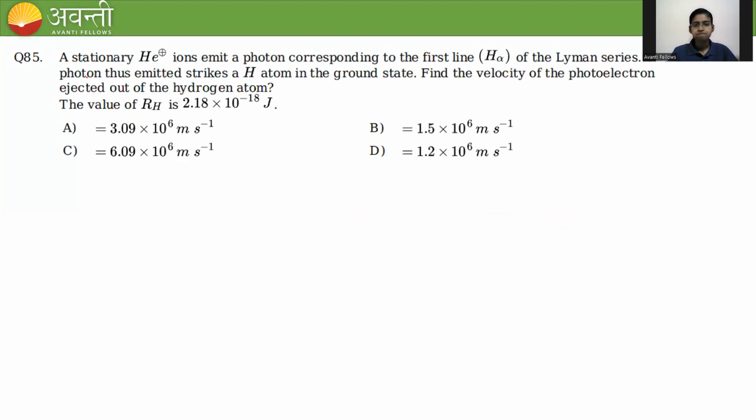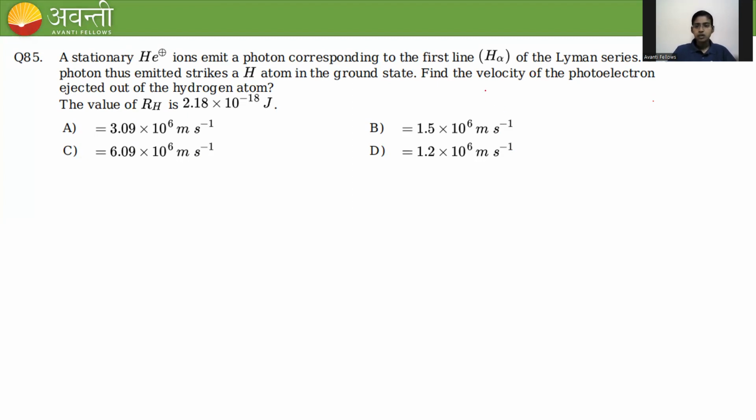Okay. And coming to question number 85. A stationary helium plus ion emits a photon corresponding to the first line of the Lyman series. The photon thus emitted strikes a hydrogen atom in the ground state. Find the velocity of the photoelectron ejected out of the hydrogen atom. The value of RH is 2.18 into 10 to the power minus 18.